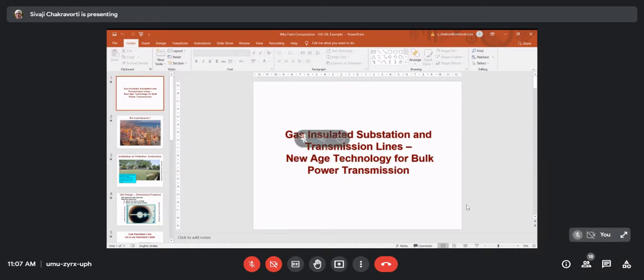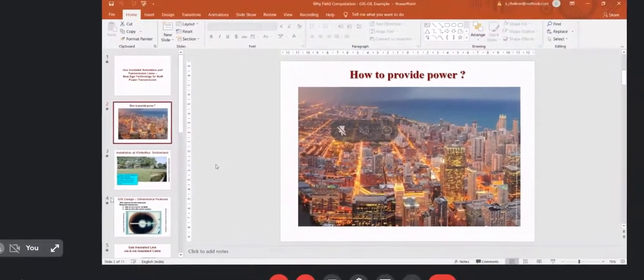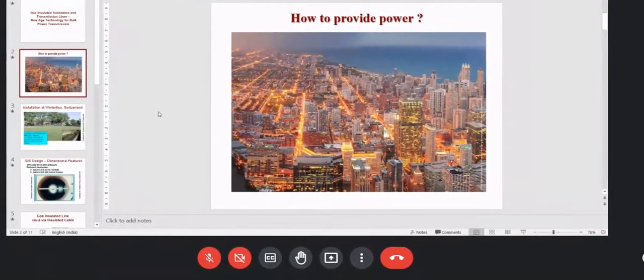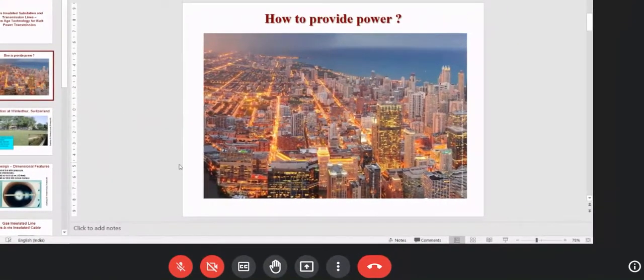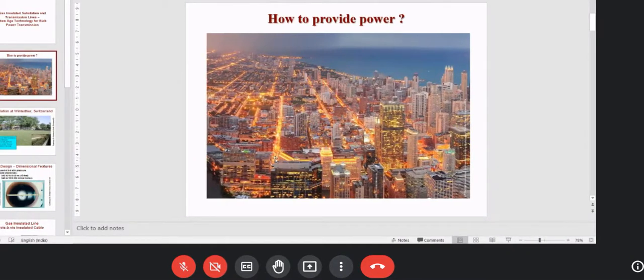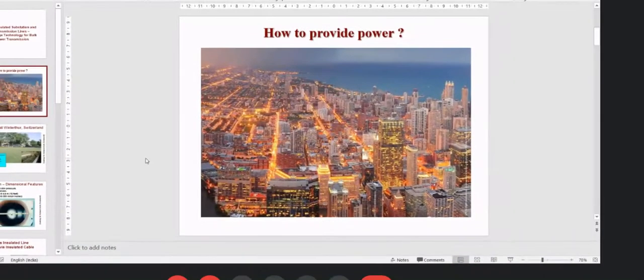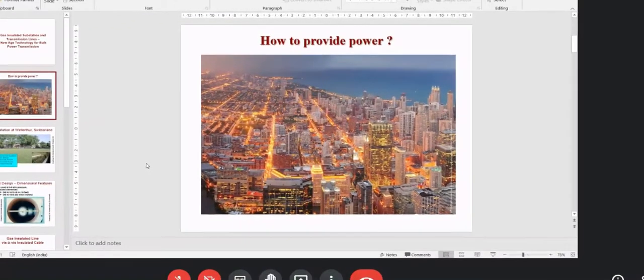Now, why is it so? For that, I will show you a figure. Now you can see a very modern city, and it is probably very difficult for you to imagine how much power is drawn by this city, or at least part of this city. To explain this, all of you must have seen South City Mall on Prince Anwar Shah Road.